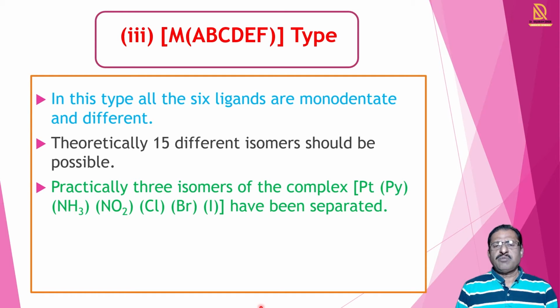But practically, 3 isomers are possible, or they are given. So when there are different ligands, we take the example of platinum attached with py, NH3, NO2, Cl, Br, and when they are at different positions, then there are isomers, and such 3 isomers are possible.